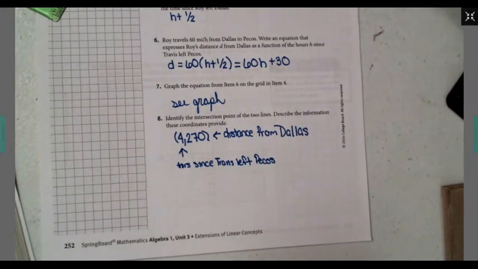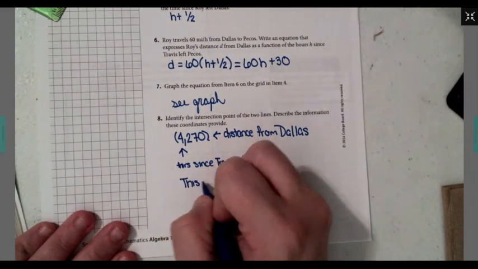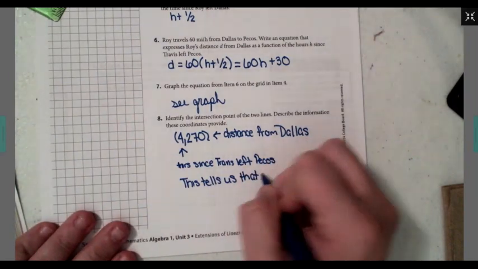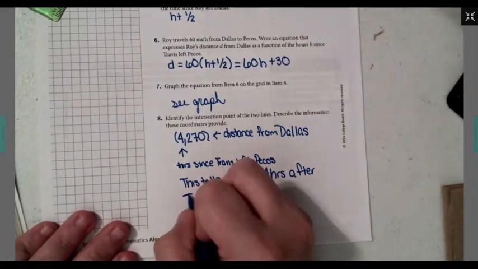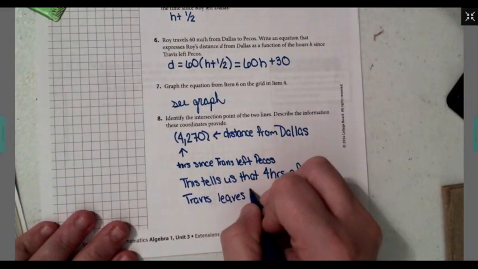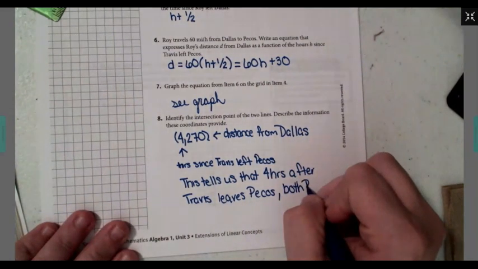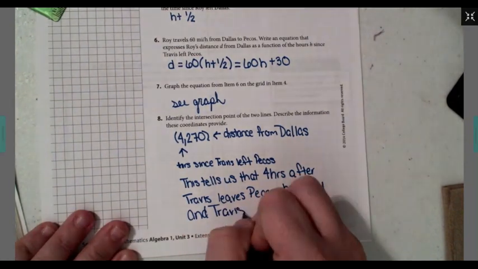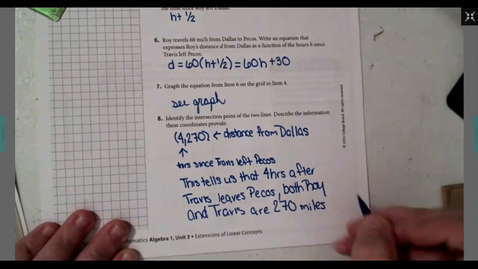So if I wanted to describe this, this tells us that 4 hours after Travis leaves Pecos, both Roy and Travis are 270 miles from Dallas.